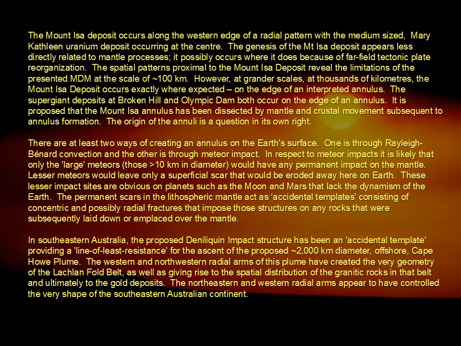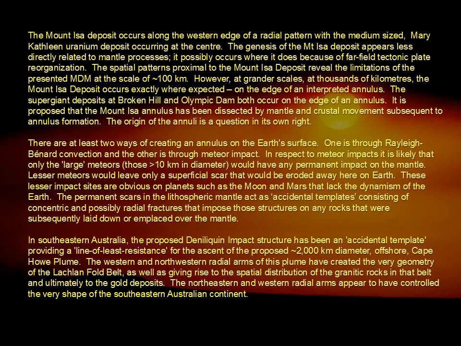In respect to meteor impacts, it is likely that only the large meteors, that is, those greater than 10 kilometers in diameter, would have any permanent impact on the mantle. Lesser meteors would leave only a superficial scar that would be eroded away here on Earth.